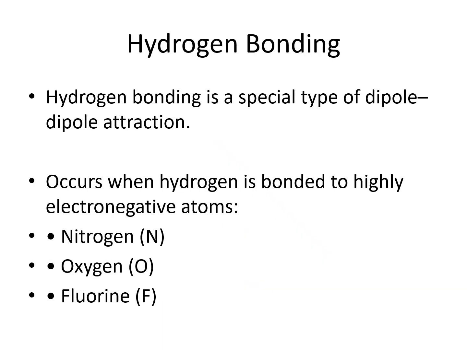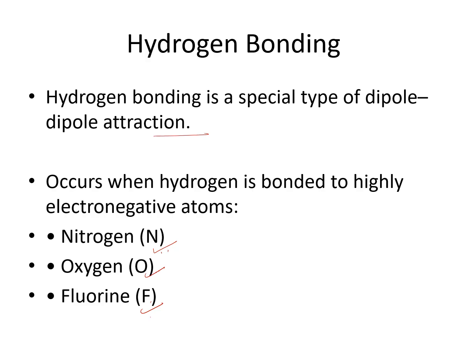Next, we have hydrogen bonding that you know very well. Now, it is a special type of dipole-dipole attraction in which you have highly electronegative atoms. That means the hydrogen is connected with highly electronegative atoms that can be nitrogen, oxygen, or fluorine.